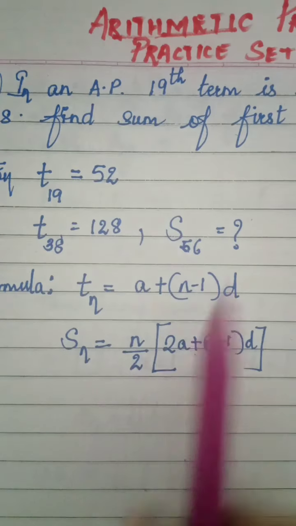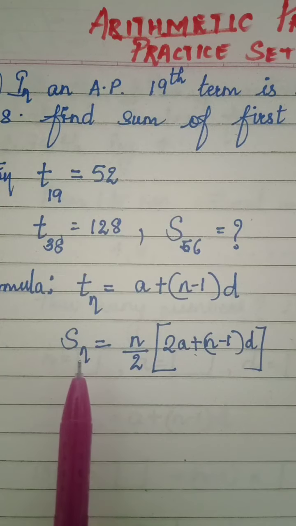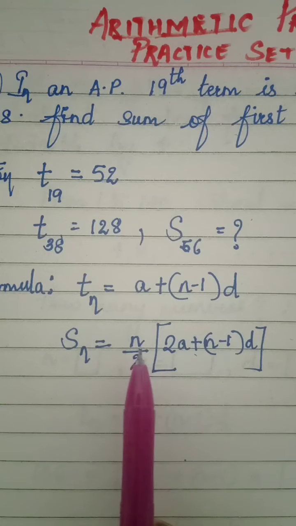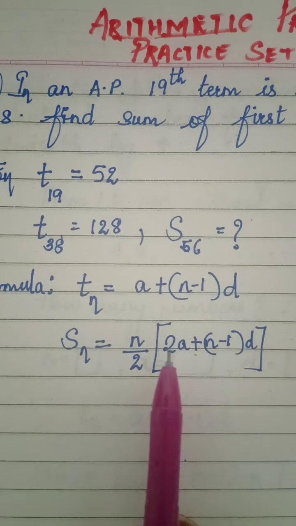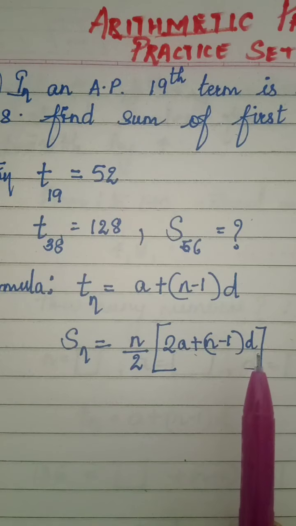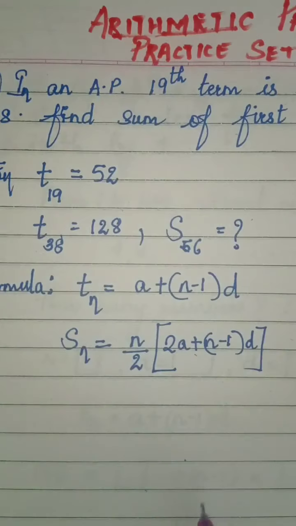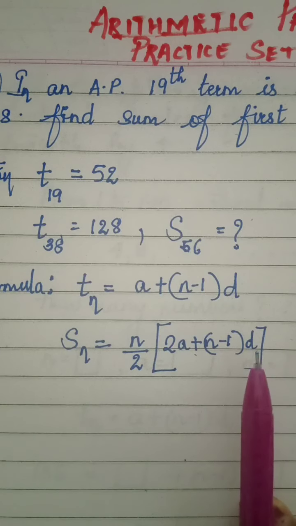If I want to find sum of 56 terms, I want to know that 56 terms number. A means the first term. Then I want to know the common difference. Nothing is given about A first term or common difference.